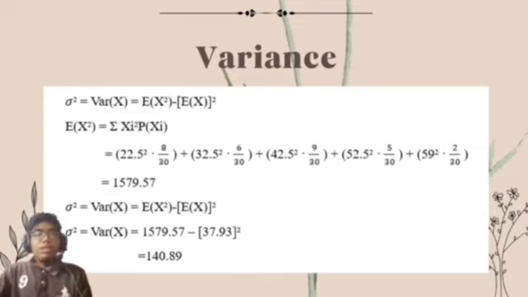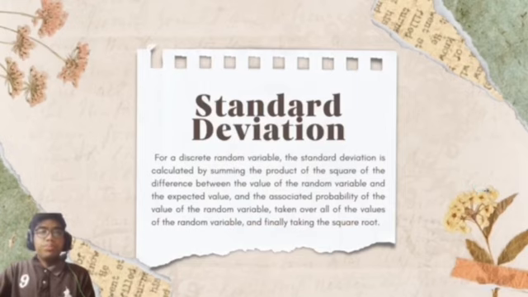As you can see, we will get 1579.57, and we enter that value into the formula of variance, and we will get a variance of 140.